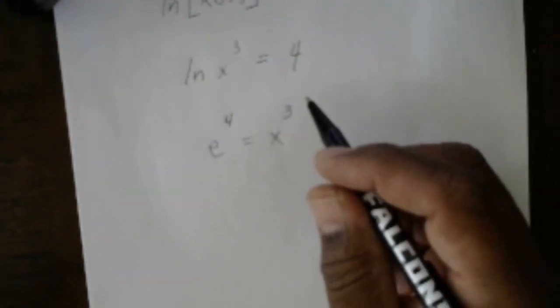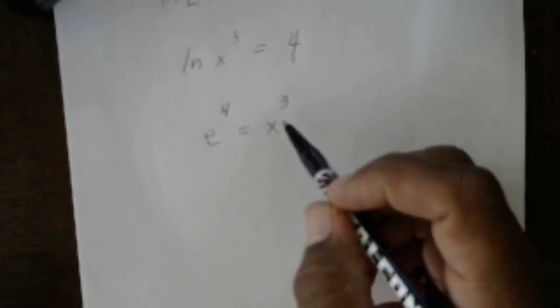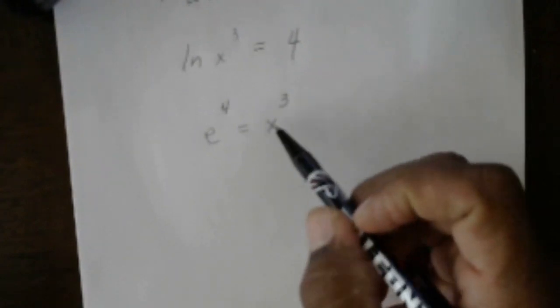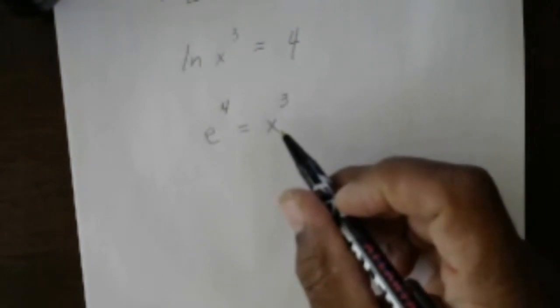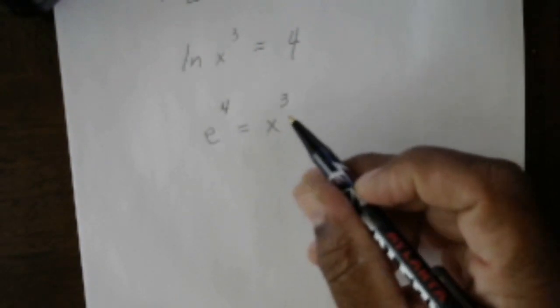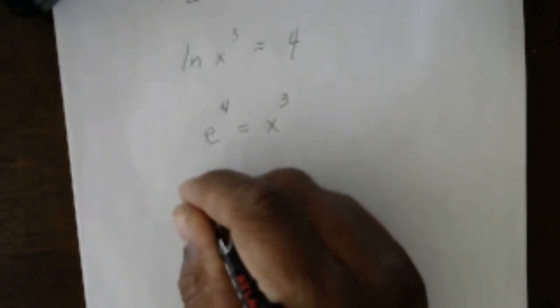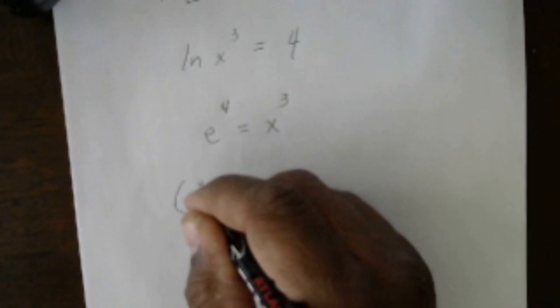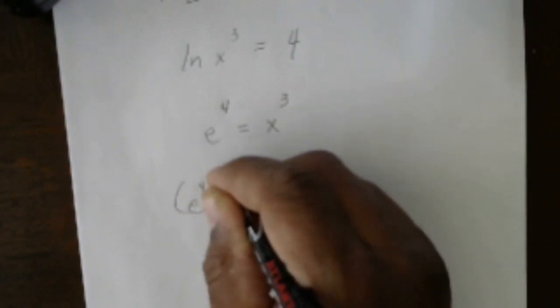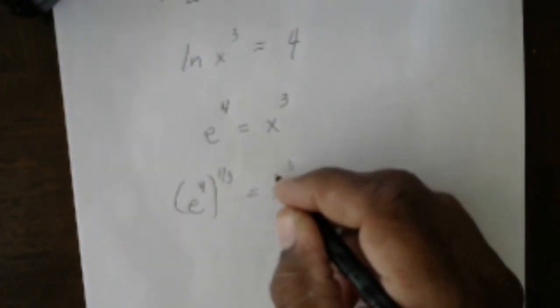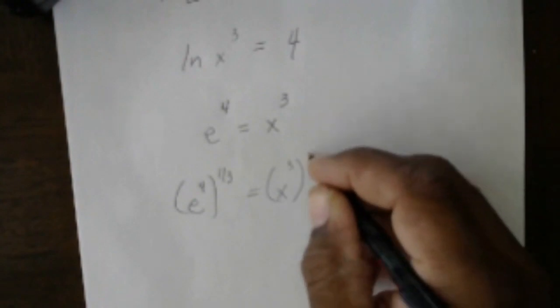And now I basically want to solve for x, not for x cubed. So in order to solve this for x, I'm going to raise both sides to the 1/3 power. So e to the 4th gets raised to the 1/3. x cubed gets raised to the 1/3.